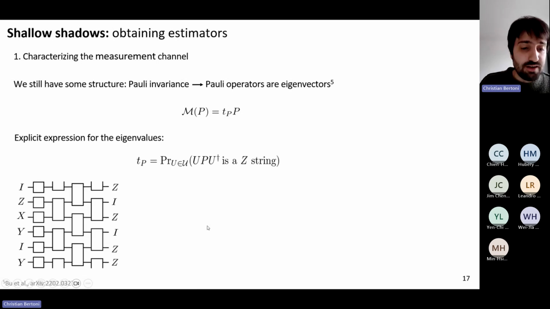And for Pauli invariant ensembles, and in particular in our case, we find an explicit expression for these eigenvalues. We show that the eigenvalue corresponding to a Pauli P is the probability that the circuit maps the Pauli to some string containing only identities and Zs. And remember that we can always sample these unitaries from the Clifford group without changing the results. So U P U dagger is a Pauli.